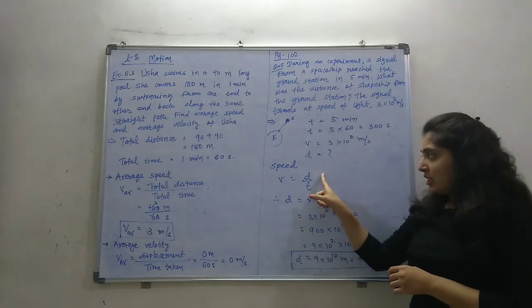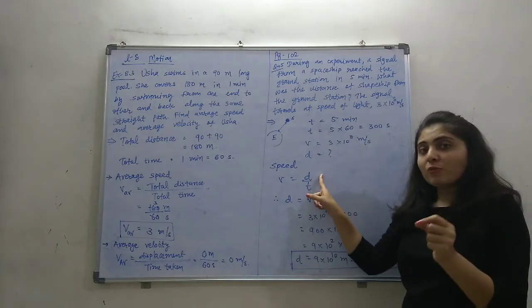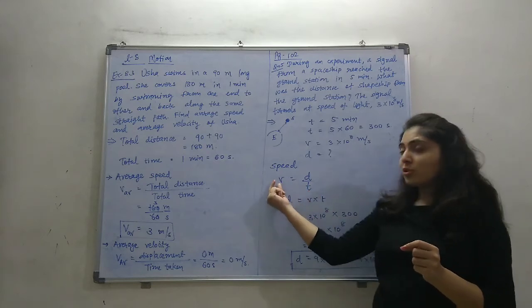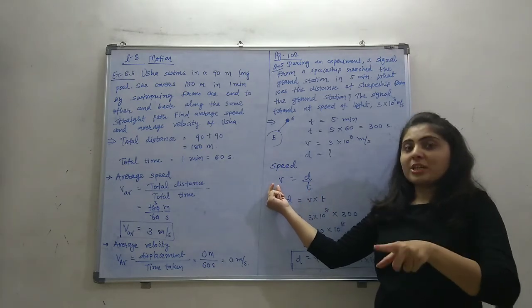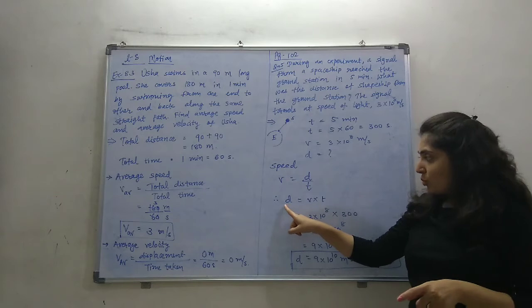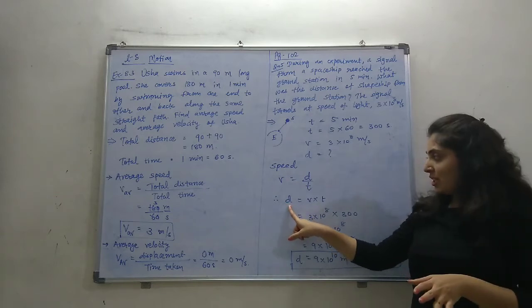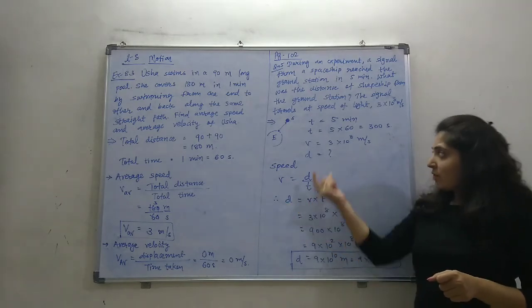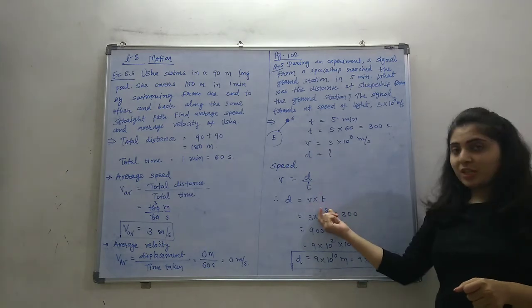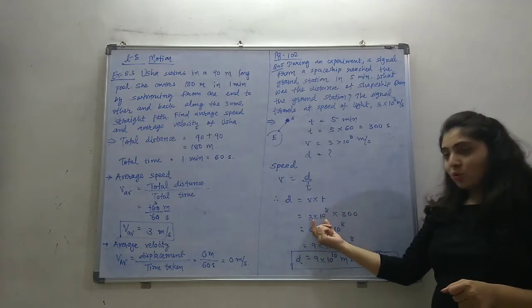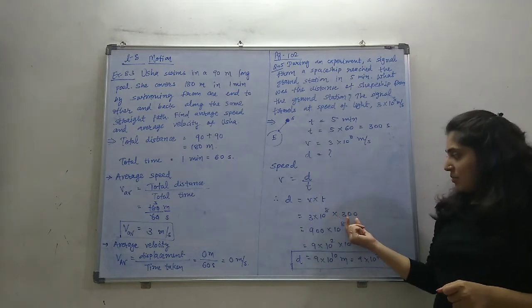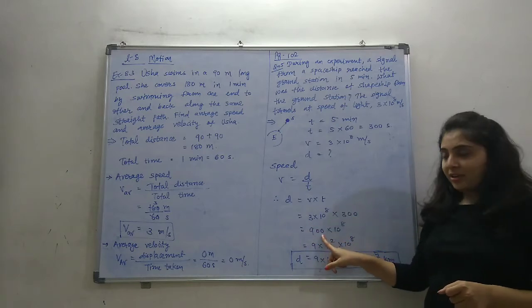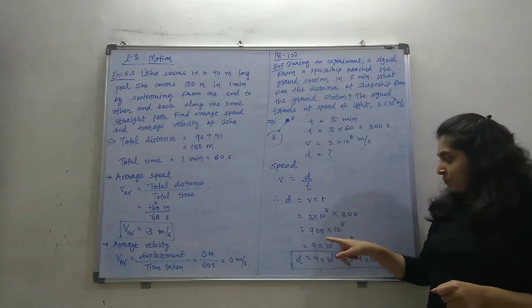We need to find d, so we can make d the subject of the formula. So t is a denominator, when it goes to that side, it will go in multiplication with v. So ultimately, the equation becomes d is equal to v into t. Put the values for v and t, that means speed and time. Speed is 3 into 10 raised to 8 and time is 300. 3 into 300 becomes 900 into 10 raised to 8.